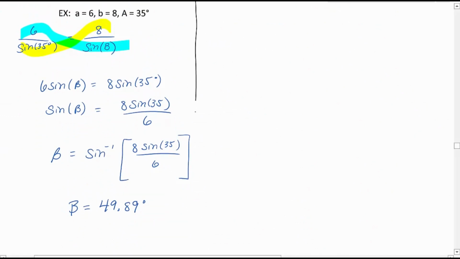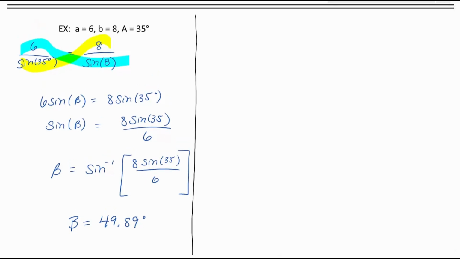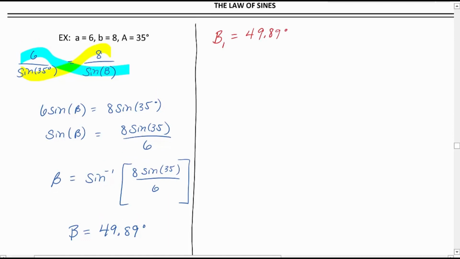All right, so we're going to do possibility 1 and possibility 2, and I'm going to use subscripts to distinguish between the two. So we're saying that angle B for possibility 1 is 49.89 degrees. Now, since you didn't get an error in your calculator, you know for sure you have at least one. It's just now determining whether we have a second one.